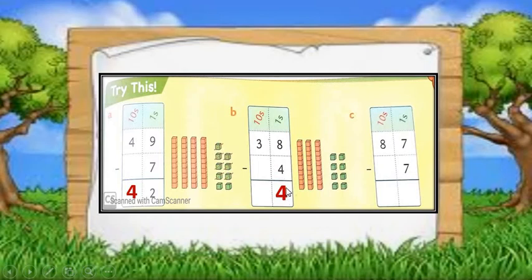Everyone write down the answer. 3 minus 0 we get 3. If anyone is remaining to writing work, copy it. 38 minus 4 we get 34.